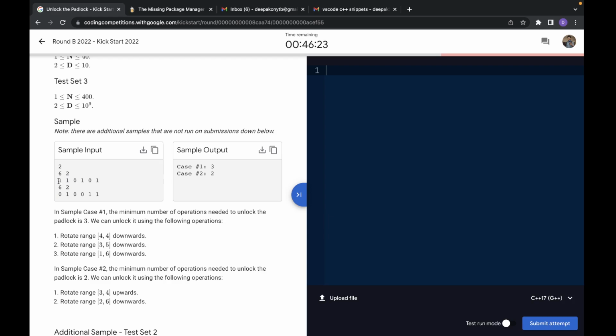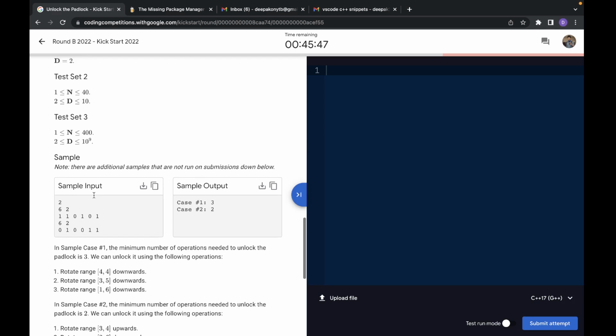Because this does not overlap the initial subarray you chose. Since we chose this, this one is a valid possibility. Even this subarray is a valid possibility. I think you get my point that you'll have to choose something which is overlapping the initial one. So you do this, and you'll have to make this entire sequence zero. So every digit should be a zero.